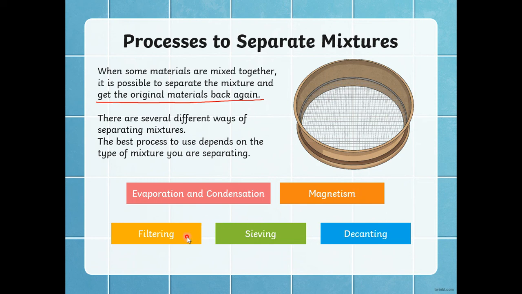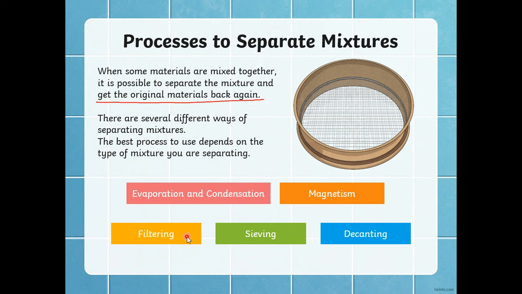For filtering, we're going to use that for when we have liquid and insoluble solids. So we have some like sand and water, rock and water, dirt and water. Make sure the dirt is big chunks of dirt and not the dirt that could easily pass through the filtering paper.